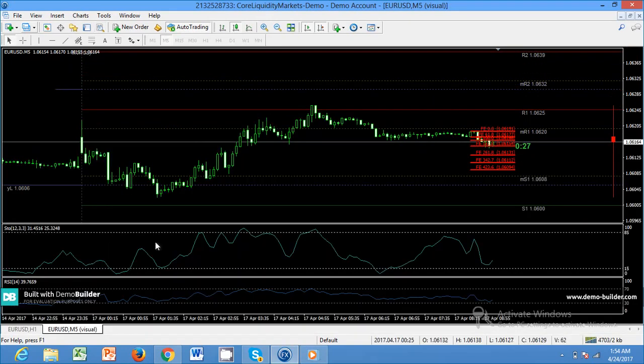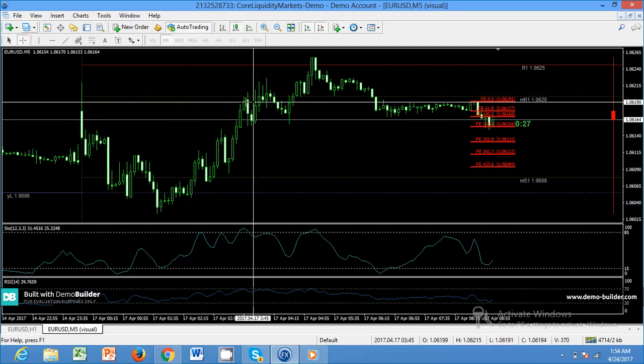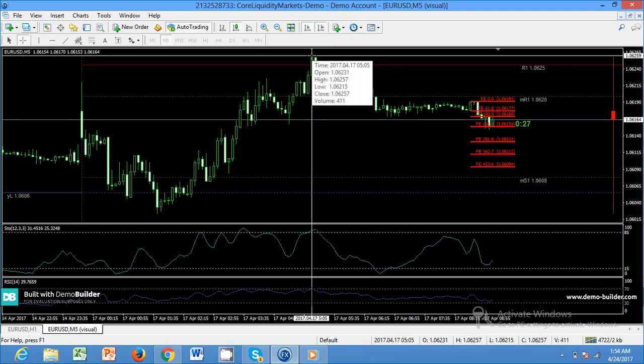Now, if you actually wanted to take this trade, we could see that three conditions were met. First of all, here price went above our resistance level.